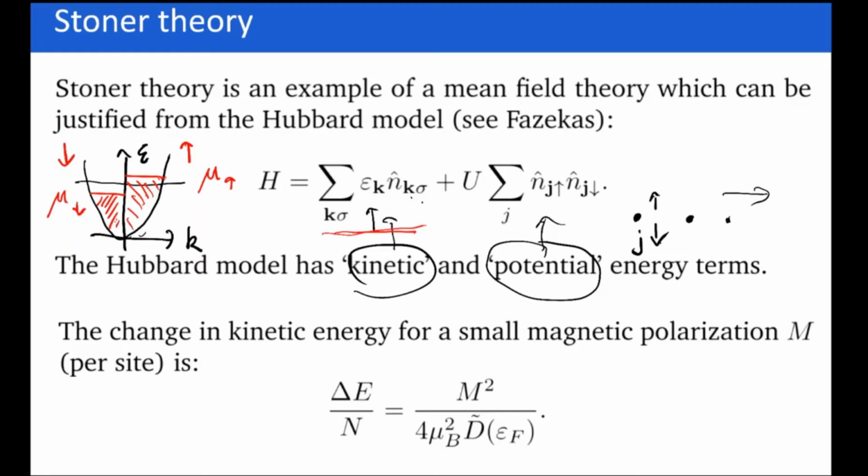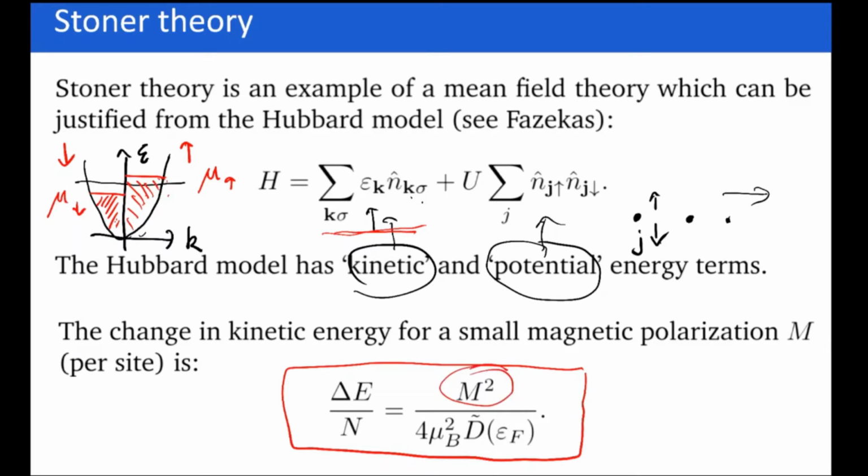But another interesting thing to do is to add up the energy of the system in this case. And one can show that if you have two bands like this and you go away from the equilibrium where there's an equal number of spin ups and spin downs, you'll find that the energy of the system increases as the difference in the splitting squared, or the magnetization of the system squared.